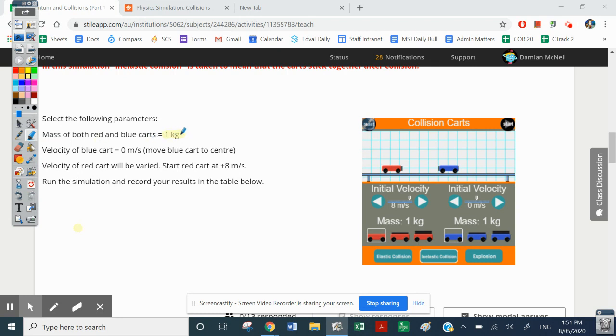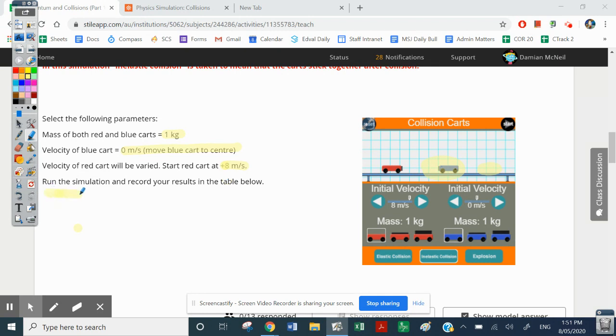We want the velocity of the blue cart to be 0, so it's stationary before things. And please move it from its position over here into the center. Otherwise, it will just bounce into the edge and you haven't got any readings. And set the velocity of the red cart at its fastest velocity. And we want it to move to the right, so make it 8. And then you'll change that.